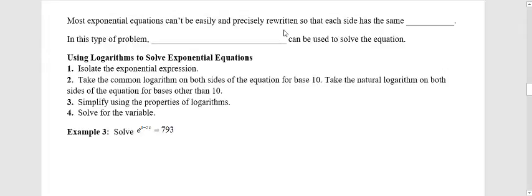Most exponential equations can't be easily and precisely rewritten so that each side has the same base. In this type of problem, logarithms can be used to solve the equation.